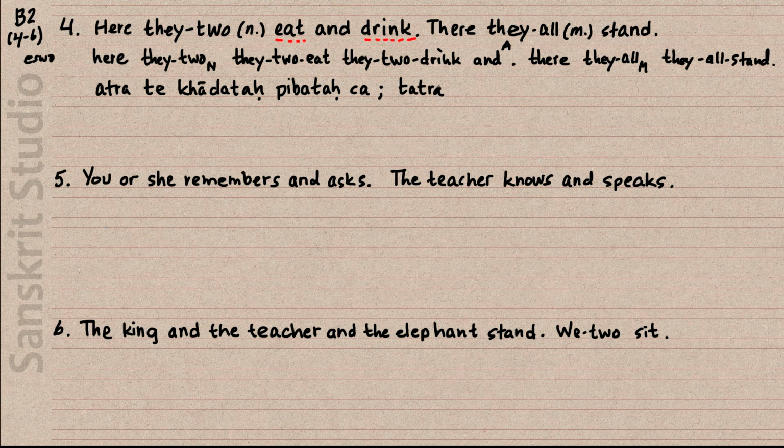They all, and that's also the te, surprisingly. One is in plural and the other one is in dual. So this one is in dual and this one is in plural. And the last one here is a masculine and the other one is a neuter.